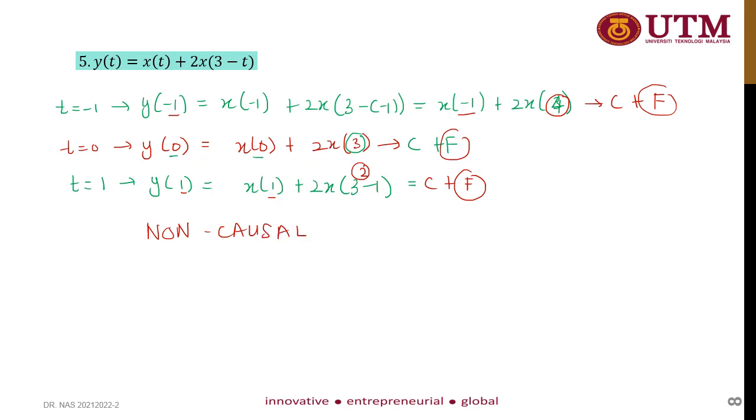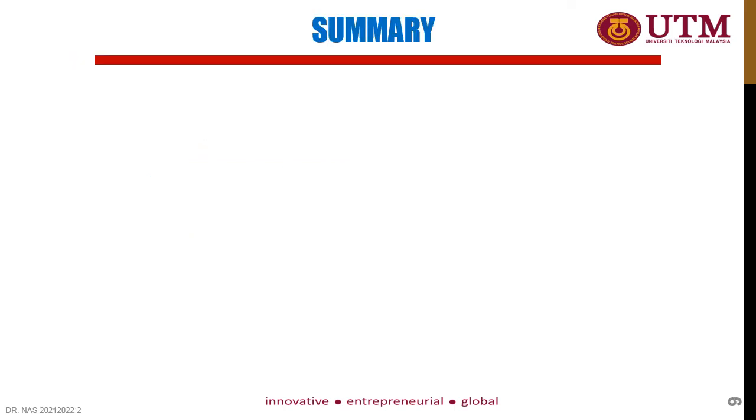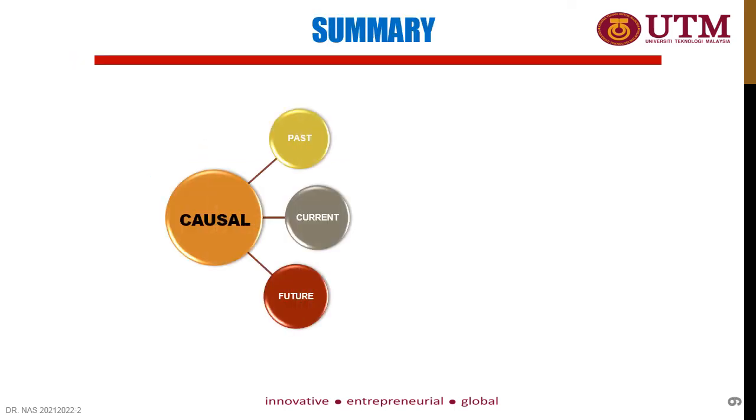Okay, I hope that you have made yourself clear with those examples. In summary, the system is said to be causal when the equation consists of past states, current state, or a combination of past plus current state. But a causal system cannot have future values at all, only past state and current state.